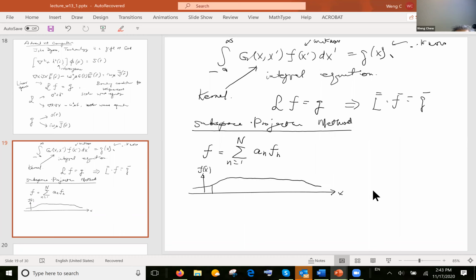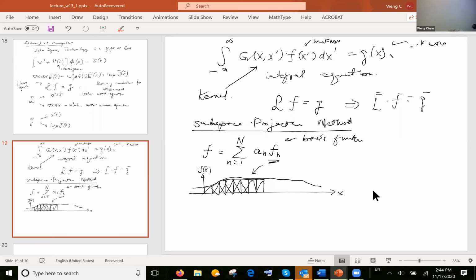And if you approximate this in a piecewise linear fashion, you can think of them as summations of triangular functions. You can think of this f sub m being triangular functions, sometimes called the chapeau functions. And this is called the basis function.